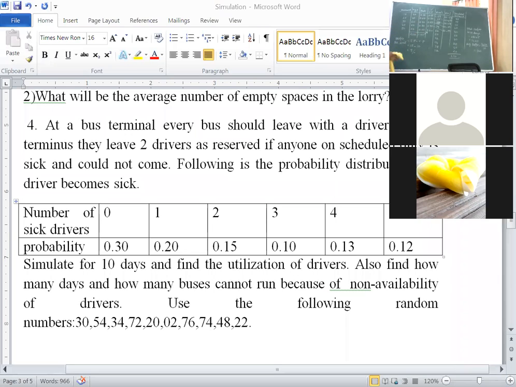Go through question number 4. Everybody go through question number 4.